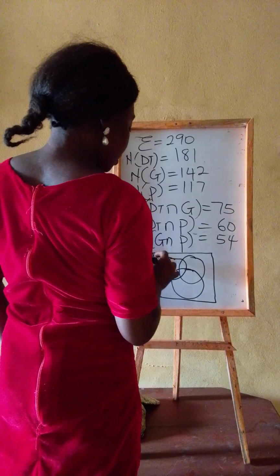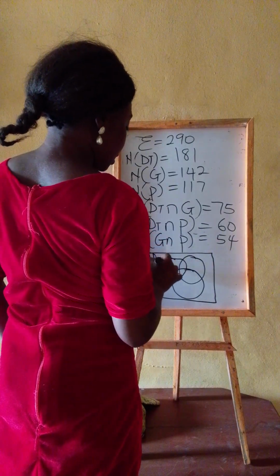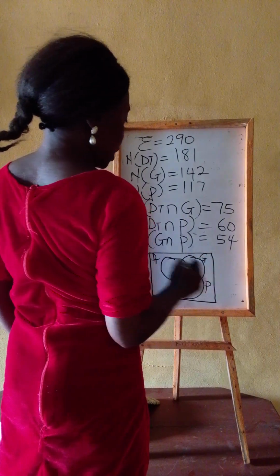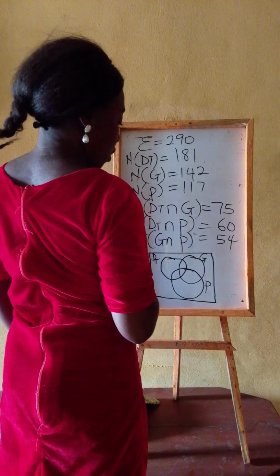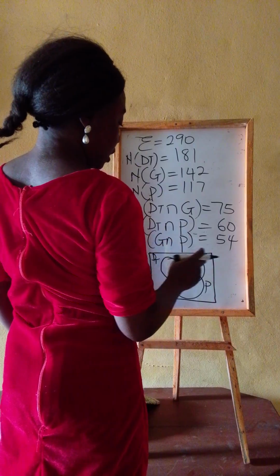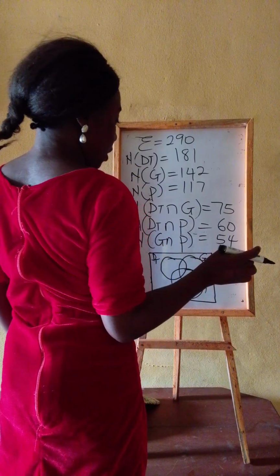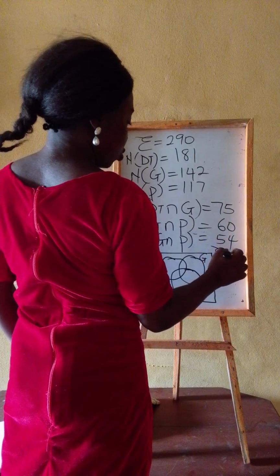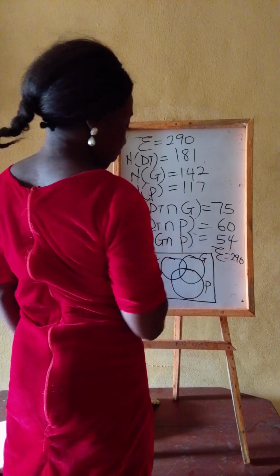So we have DT, G, and P. So you have your universal set equals 290.